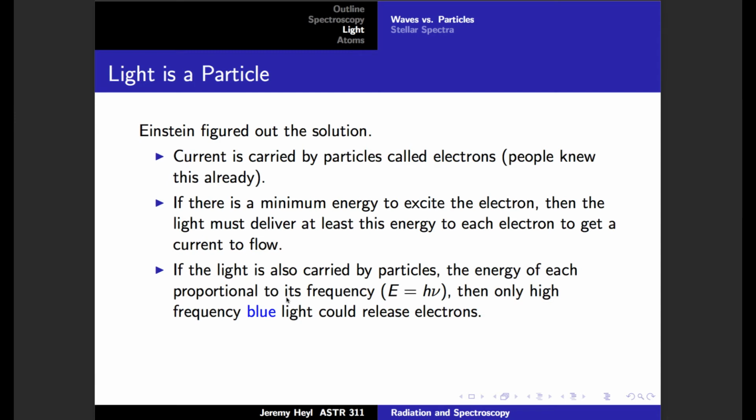So let's say I'm trying to excite the electron out of this metal. The electron really wants to take energy one at a time. The photon comes in. If it's a red photon, the electron goes, that's not enough to get me moving, and it just ignores that red photon.